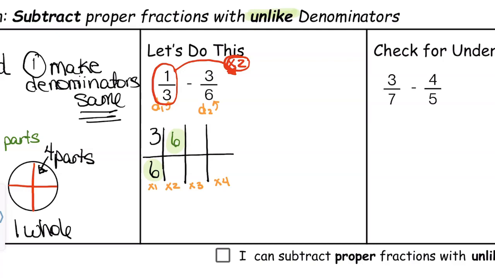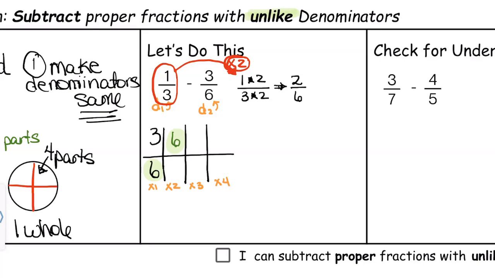That gives us 1 times 2 over 3 times 2, which is 2 over 6. You can write your multiplication however you'd like, with dots or parentheses.